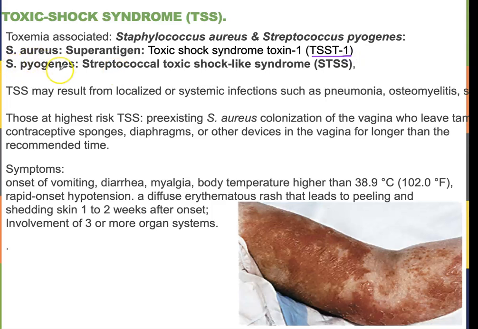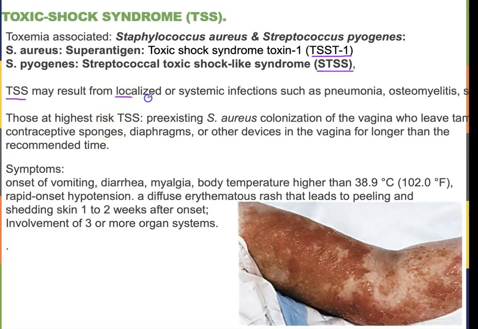And then the one for Streptococcus pyogenes is a streptococcal toxic shock-like syndrome, excuse me, but it's a very similar toxin to the TSST-1. So toxic shock syndrome can result from localized or systemic infections.